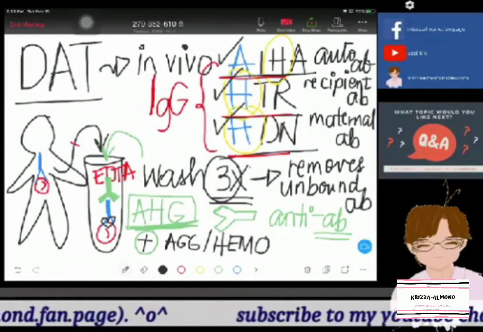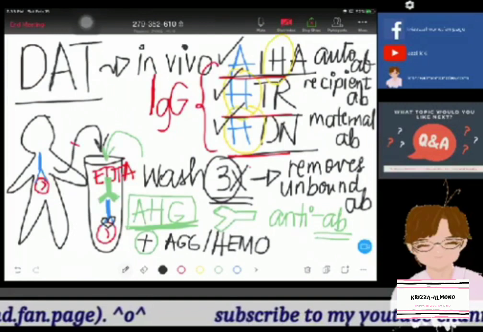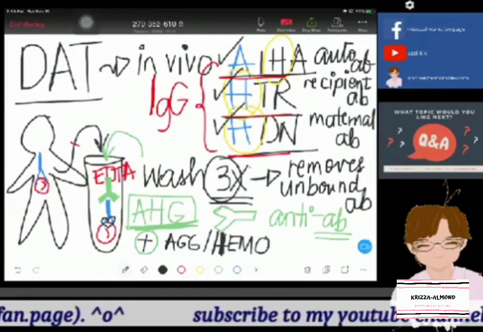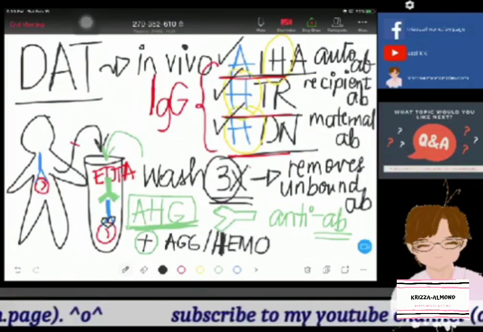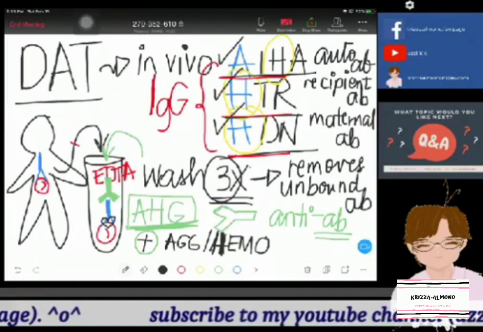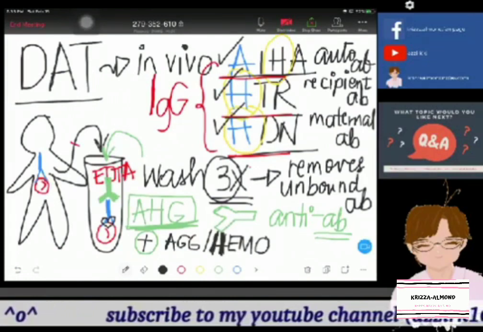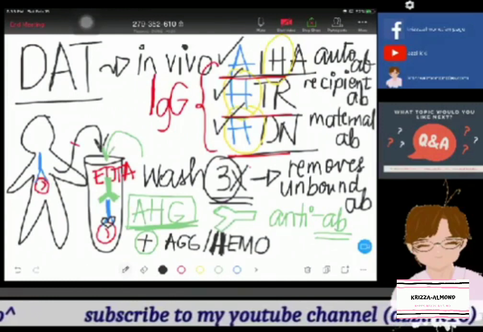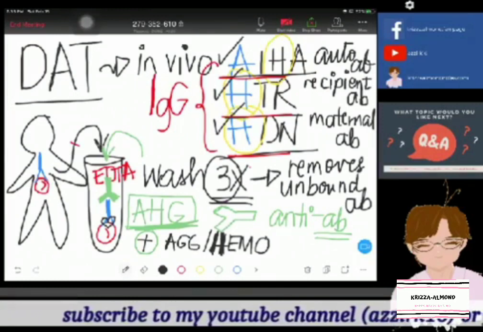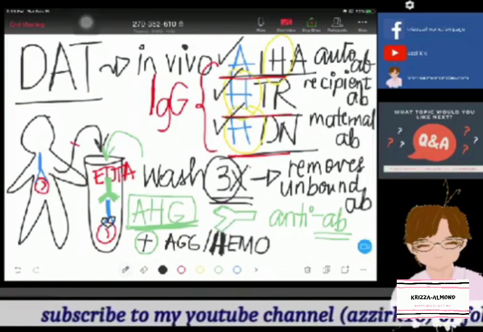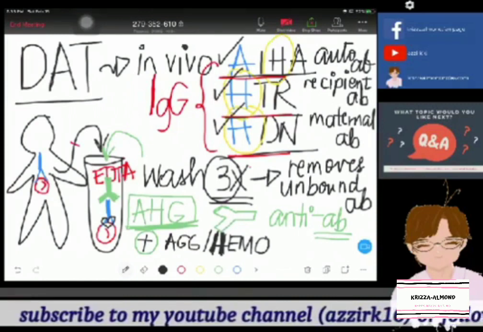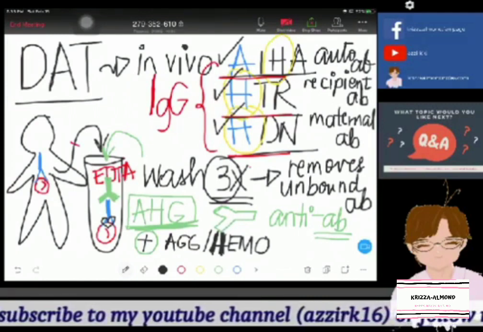That's because pwede rin natin ma-detect, aside from the antibody, ang complement proteins na naka-attach sa red cells. Okay? So, agglutination or hemolysis will tell you that you have a positive DAT reaction. Alright? So, one more time, pag nag-agglutination ka or nagkaroon ka ng hemolysis, that is positive DAT.